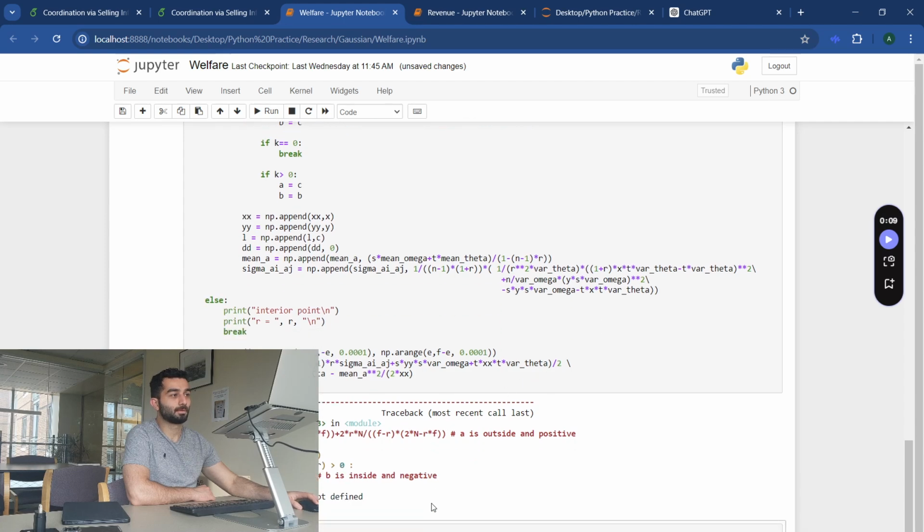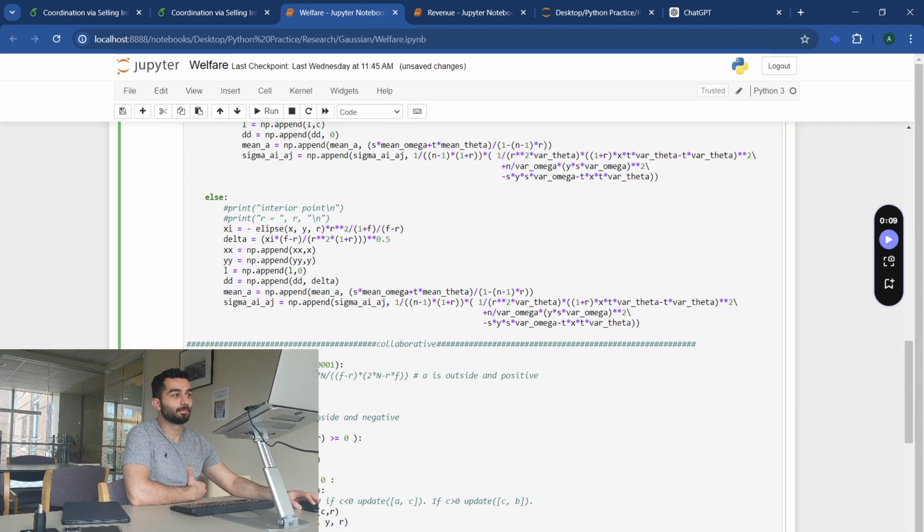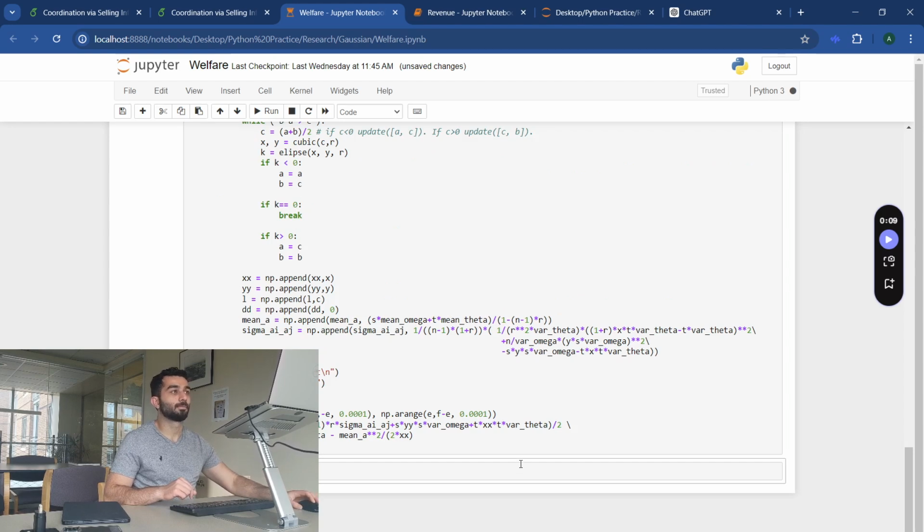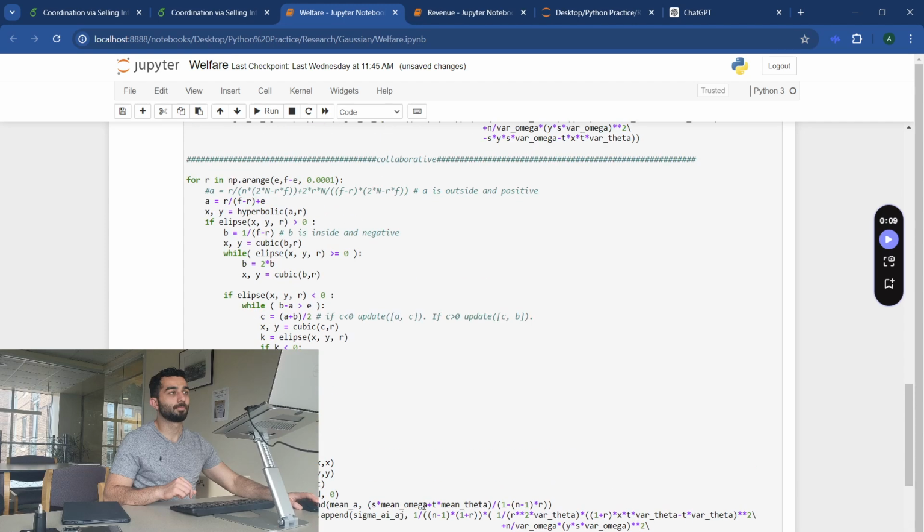What is wrong? Okay, line 94. I thought we changed all of them. Oh, there is one more here. There is one more here.